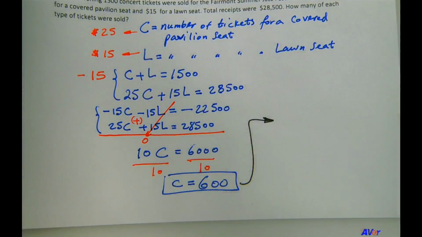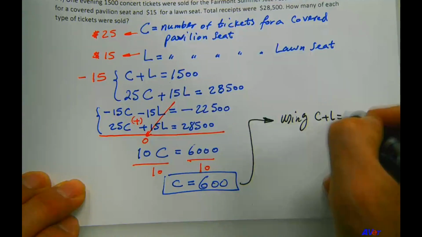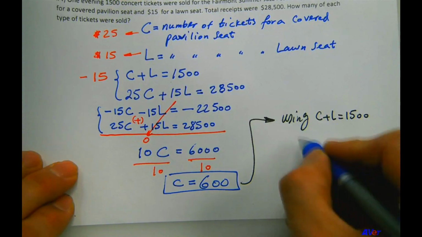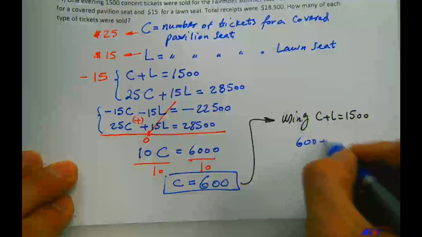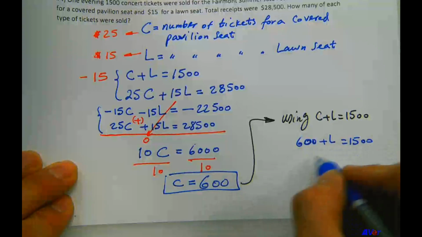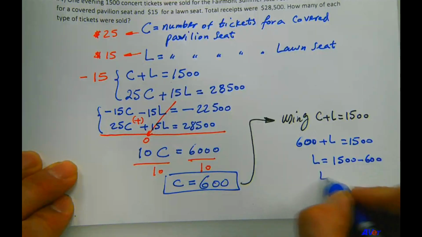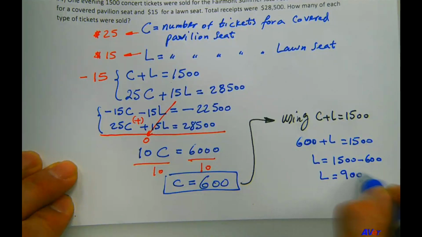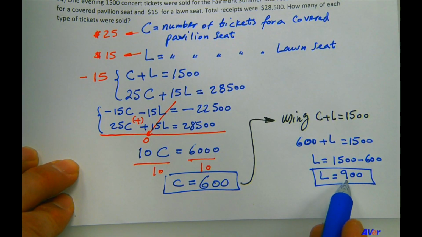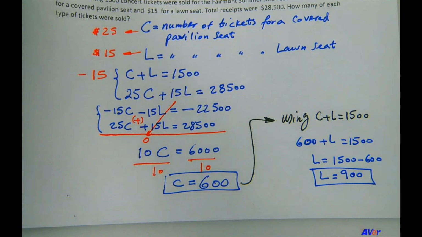So using C plus L equals 1,500, we have 600 plus L equals 1,500. L equals 1,500 minus 600. L is equal to 900. So we have 900 lawn seats and 600 covered pavilion seats that were sold that night.